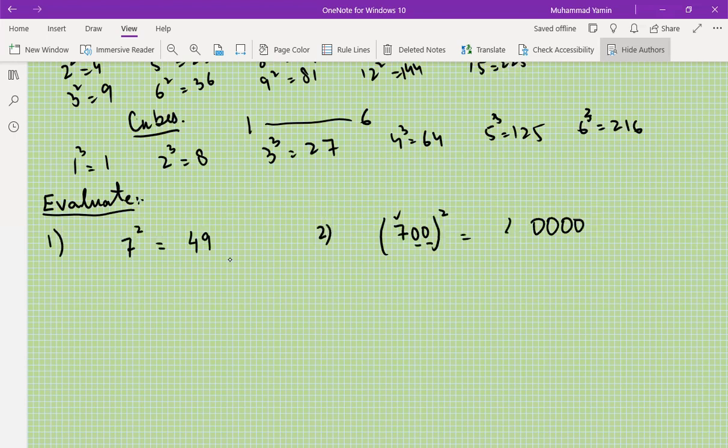That is 49. Same way, suppose square of 18 means, first of all, the number of zeros will be double, meaning 2 zeros will be there, and 64 will be the square of it.